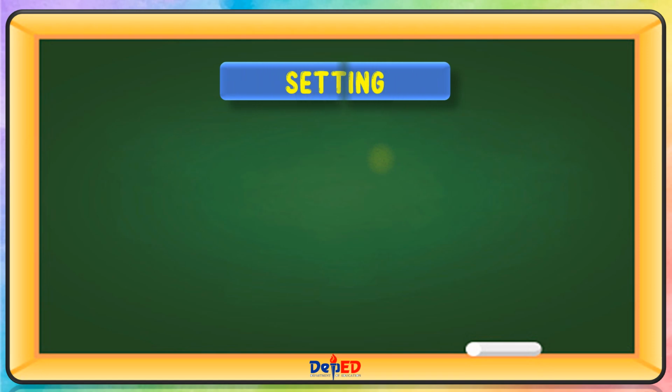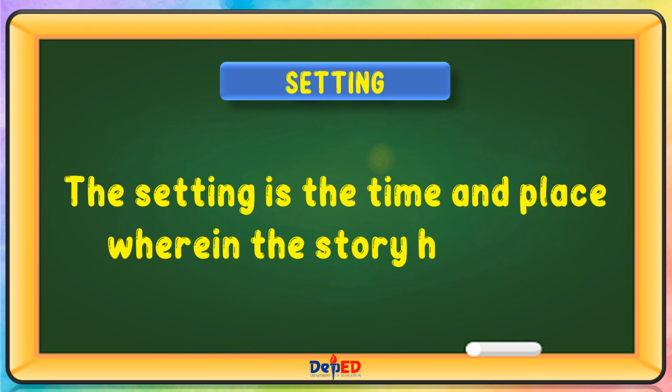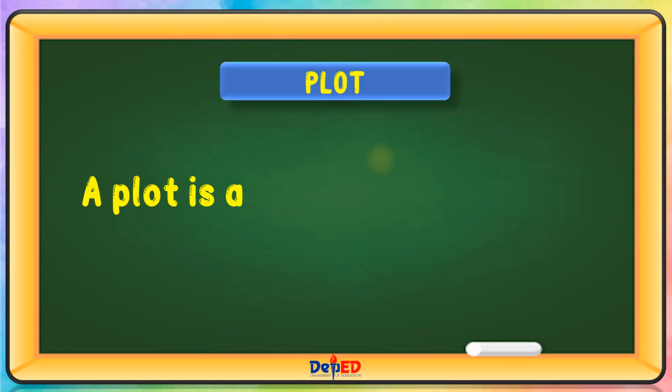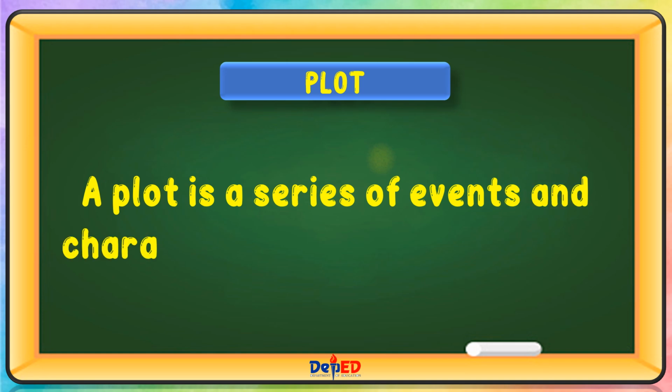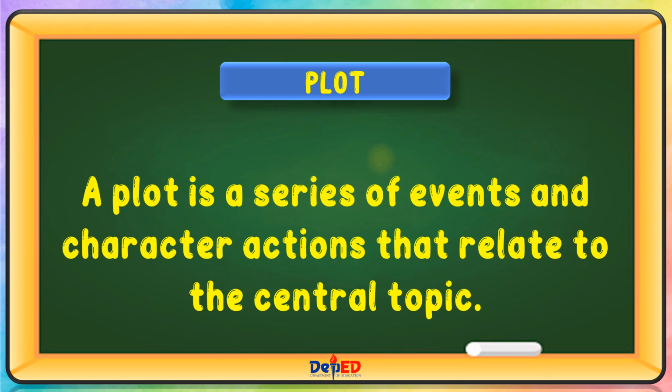Setting. The setting is the time and place wherein the story happens. Plot. A plot is a series of events and character actions that relate to a central topic.